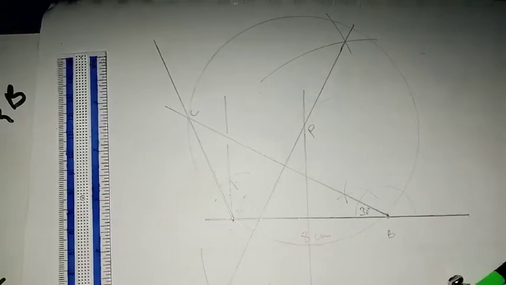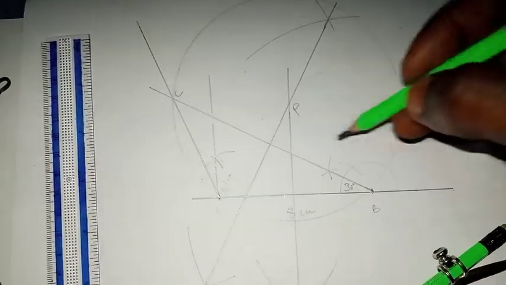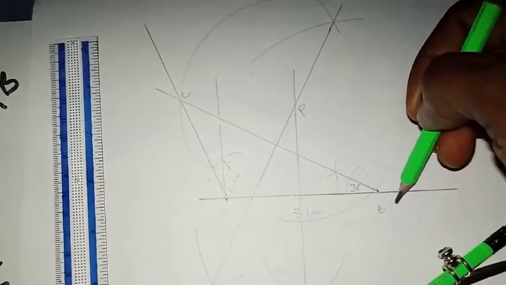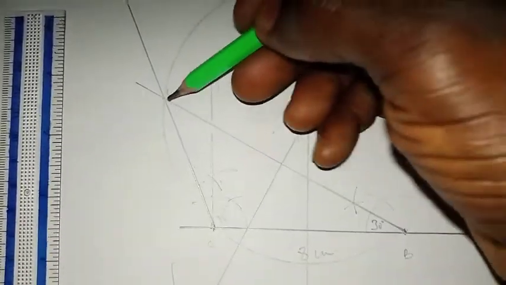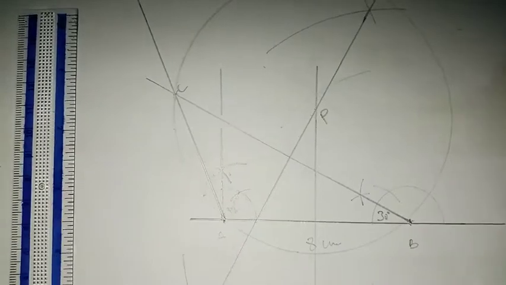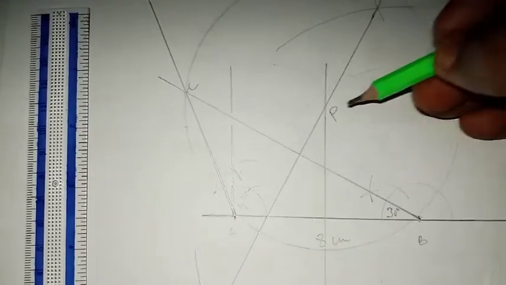Now the next part of the question says you should measure the length from C to B, right? So maybe from B to C, or something of that nature. So from here to here, make sure that you take the measurement of this and give me the answer in the comment section, right? And then finally, the radius of the circle. So the radius, that's the PC.